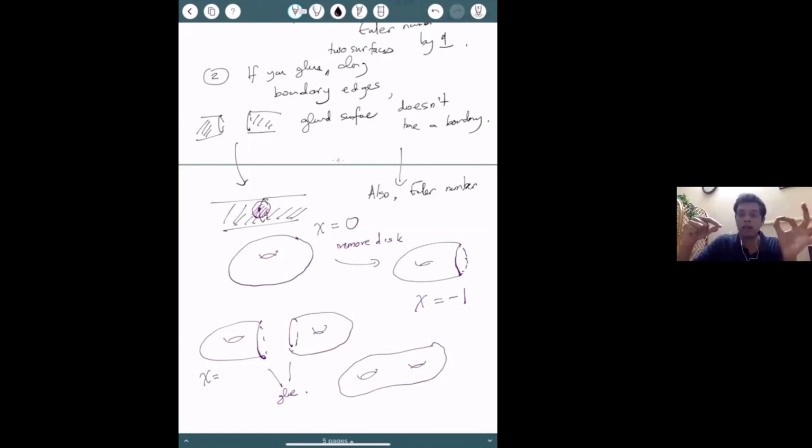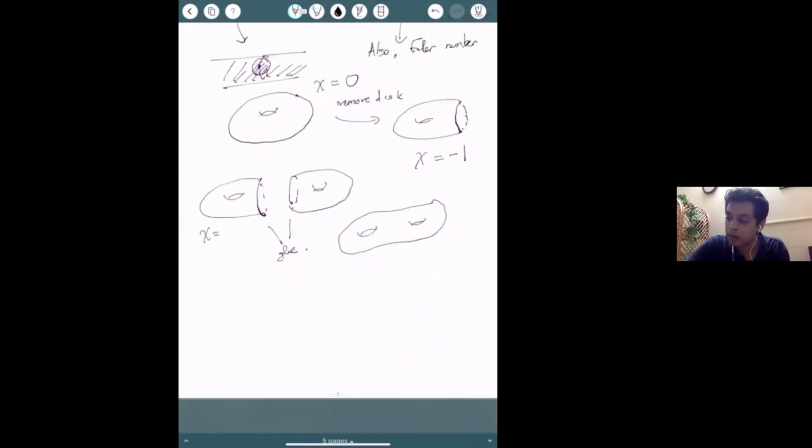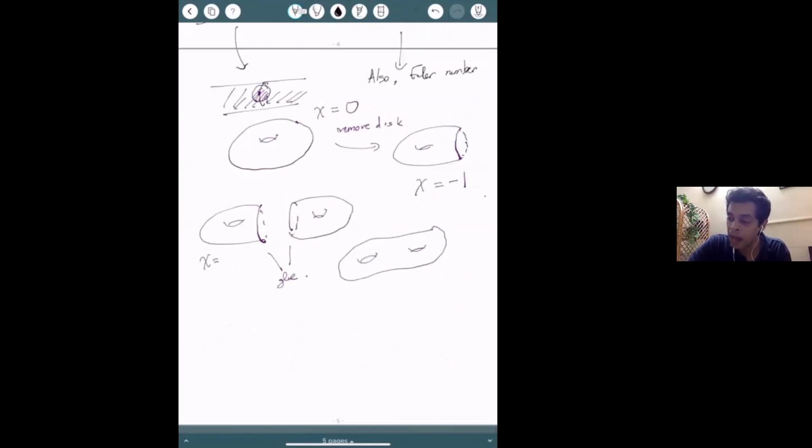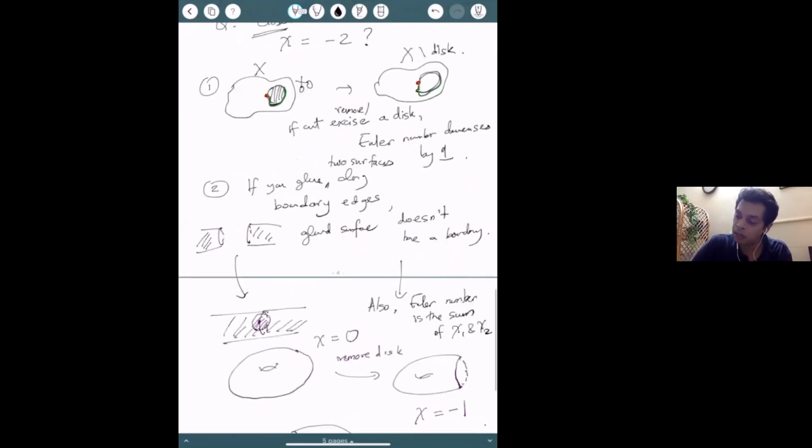with a vertex and an edge around the boundary circle. When you glue them, the two vertices get identified and the two edges get identified. The rest of the vertices and edges have a count just like they had before, and so you can check that the Euler number is the sum of chi1 and chi2, where chi1 and chi2 are the Euler characteristics of these surfaces.